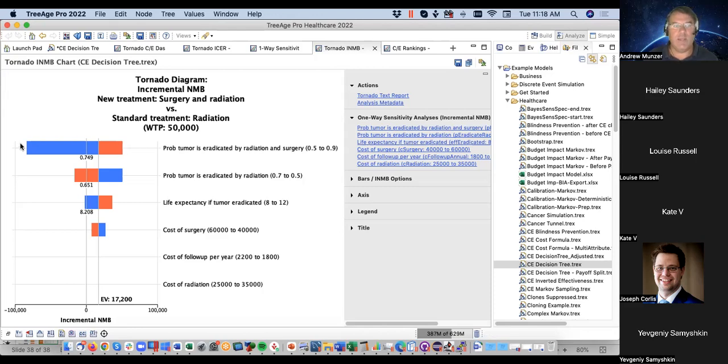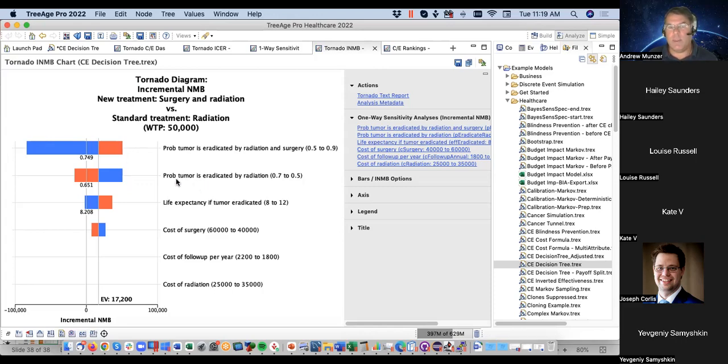By increasing the INMB, that's making the new treatment look better compared to standard treatment. This one, in contrast, makes sense: you're saying we eradicated the tumor in more people with the second treatment, the new treatment. So that, of course, makes the new treatment look better. It makes the INMB go up.